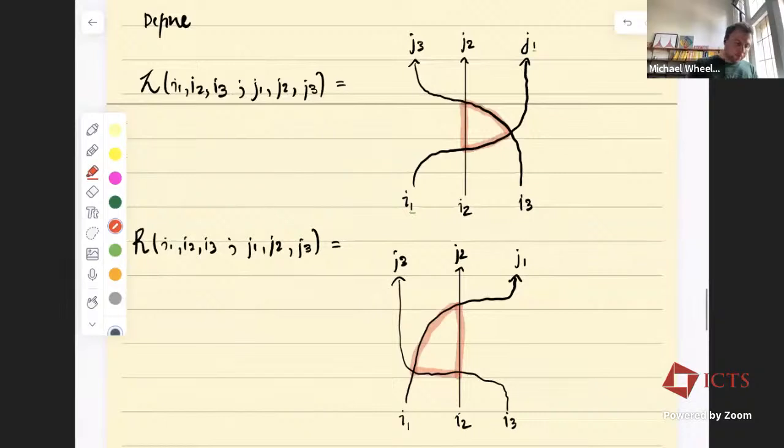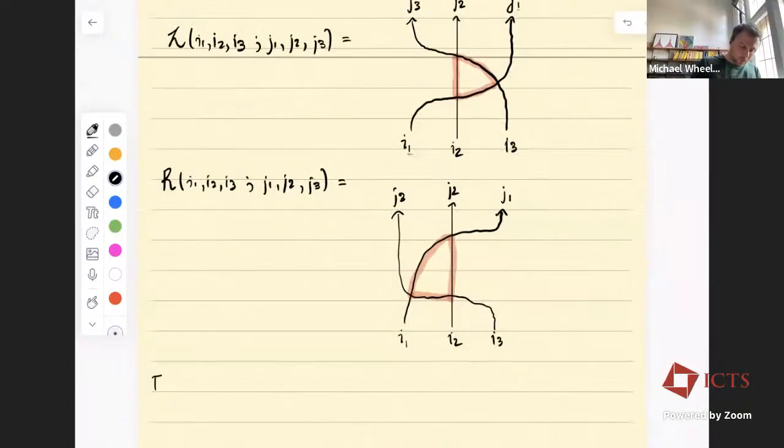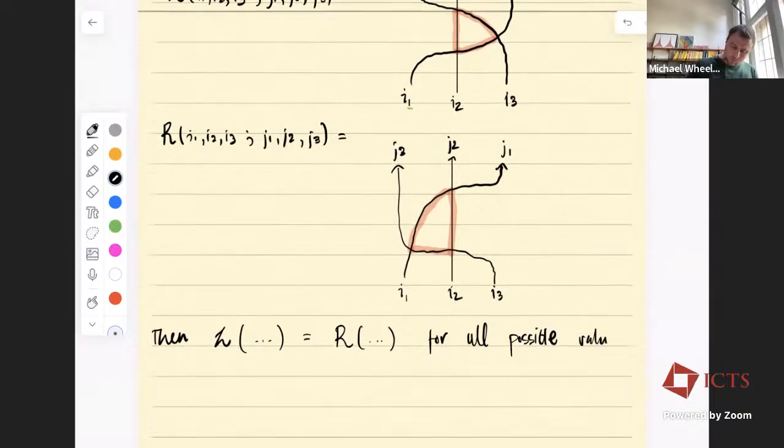Okay, so these are left and right-hand sides, and then the statement of Yang-Baxter equation is that L with all of its arguments is equal to R with all of its arguments, and this holds for all possible values of the 6 indices, I1 up to J3.